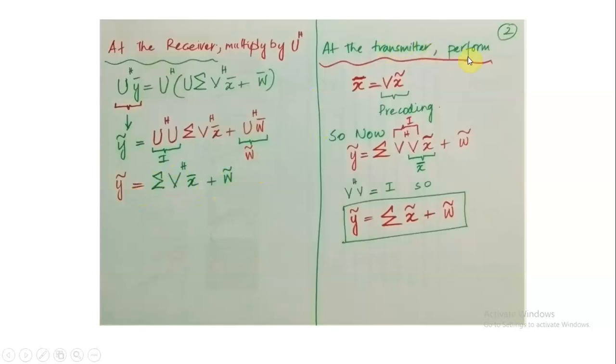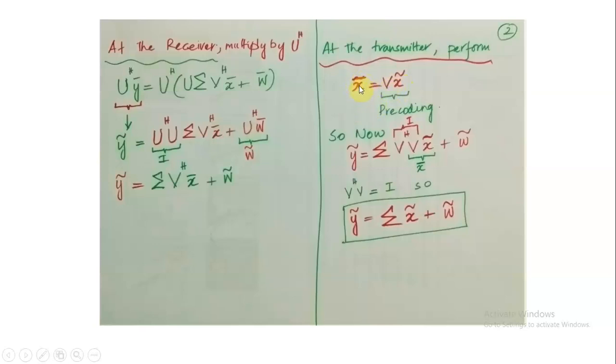So at the transmitter, perform this operation. This is called pre-coding. We know the channel matrix, so we can pre-code with V because we've already decomposed it. If you multiply your signals with this V matrix, you get a new symbol vector, X bar.